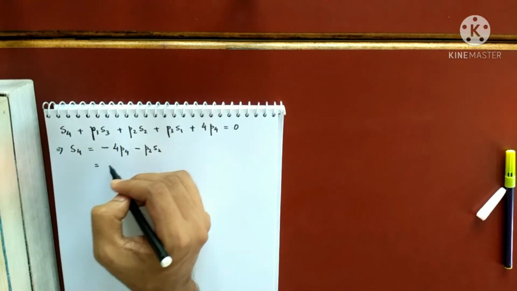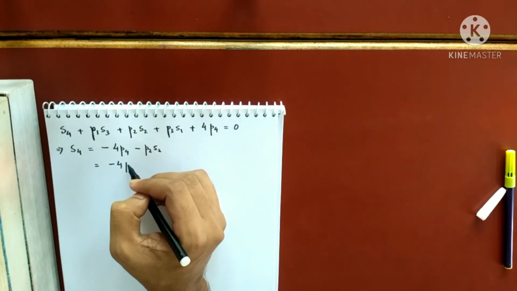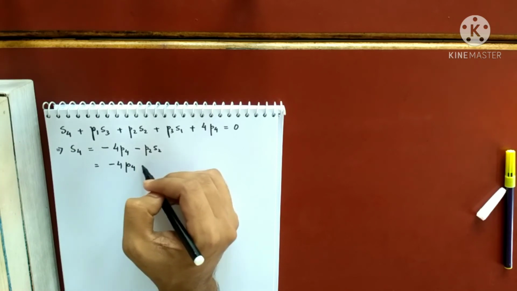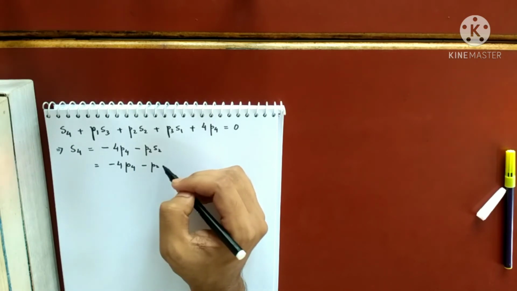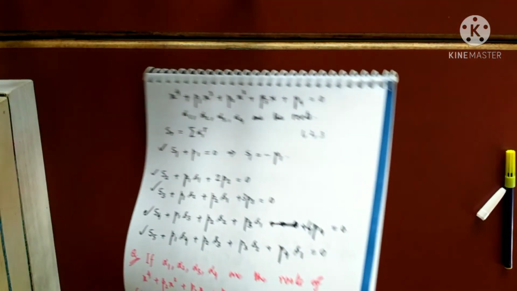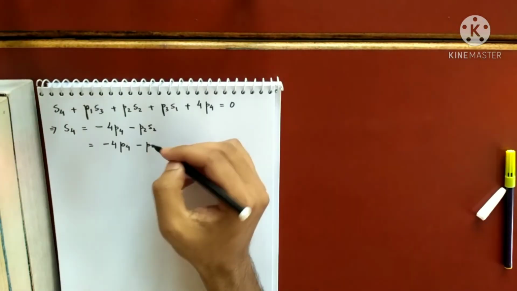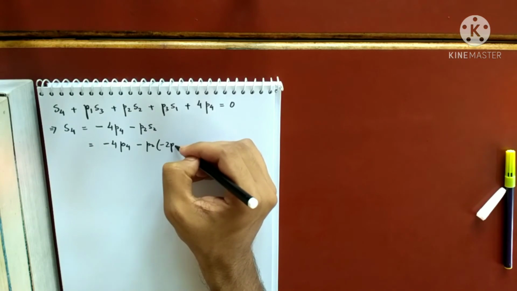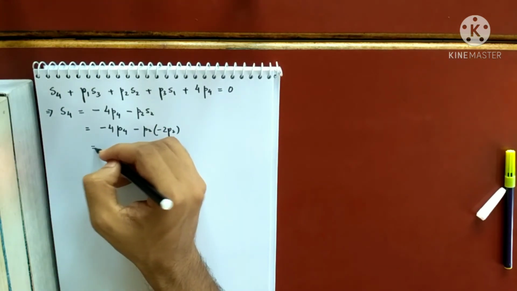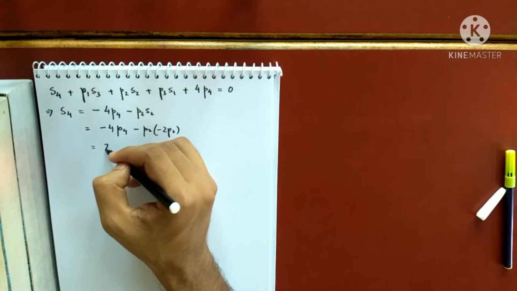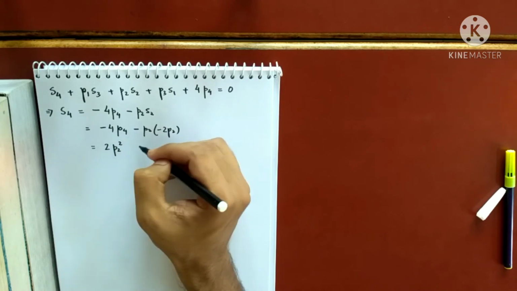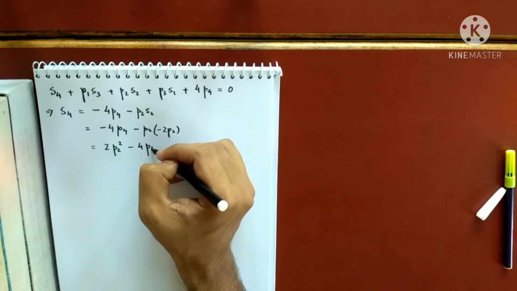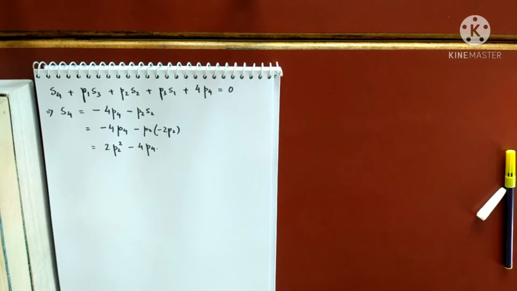So I will get minus 4P4 minus P2 times S2. S2 was minus 2P2. So what is my final answer? It's 2P2 square minus 4P4. I hope this is the answer that we are getting.